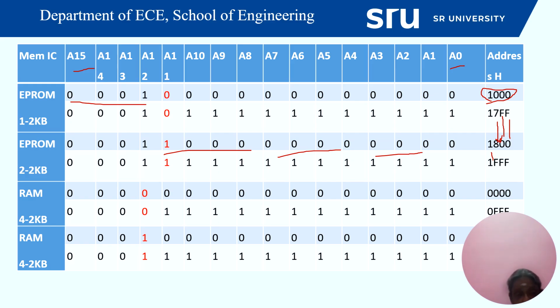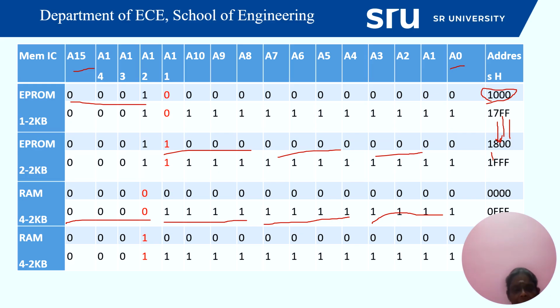So next, the RAM address. RAM is very easy. Starting address is 0000 only, so all zeros we have written. And then for 2 kilobyte, we know that it is 0FFF.